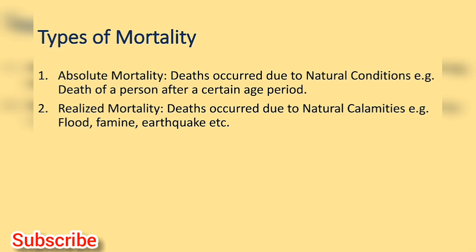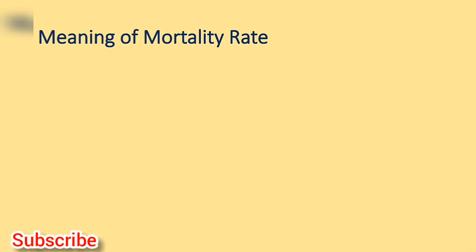When deaths occur due to natural calamity or there is a sudden occurrence of deaths in a country, it is called realized mortality. For example, flood, famine, earthquake, any pandemic, etc. So if a death occurred due to these types of extraordinary conditions, it is called realized mortality. And if a death occurred due to natural conditions, it is called absolute mortality.